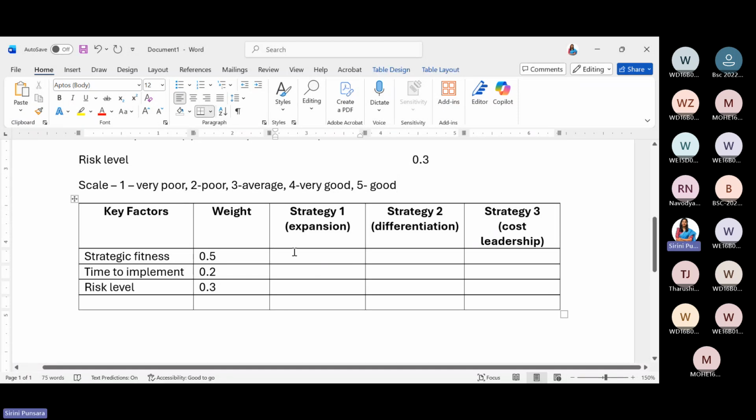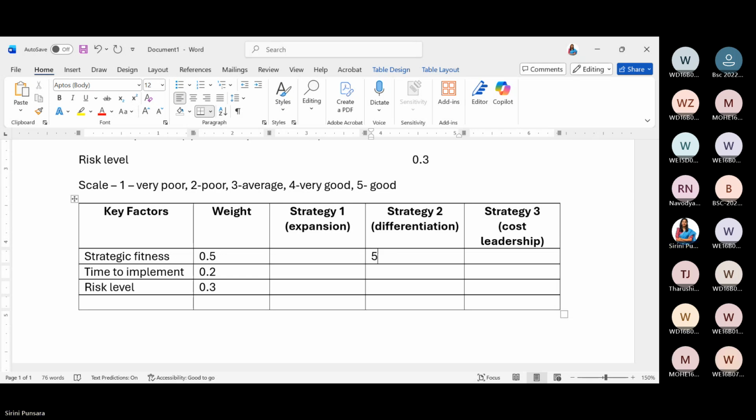So let's say in terms of strategic fitness, among these 3 strategies, differentiation is the most linked with strategic fitness. That means the differentiation strategy is the most strategically fit strategy. So because of that, we are going to give 5 to this. That means it is good.